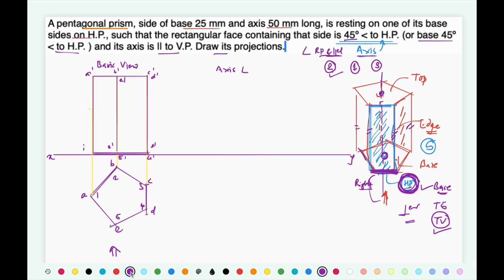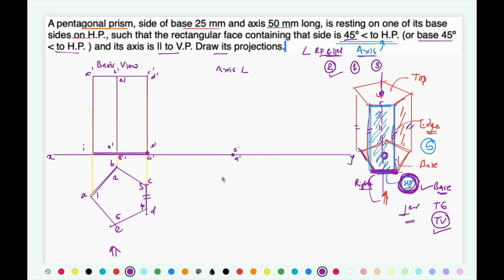Now in a second step, the resting reference is this side that we have drawn at the rightmost end. This side in front view, it has become this 3 dash 4 dash point. So this point needs to be kept on XY always, because it is resting on that edge on HP.